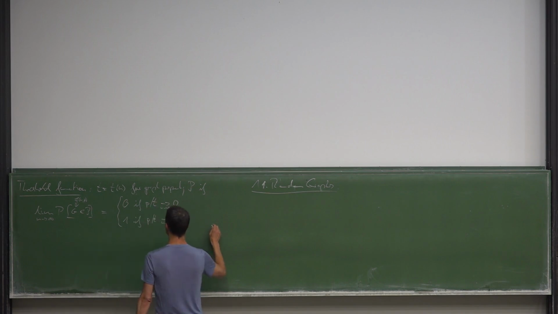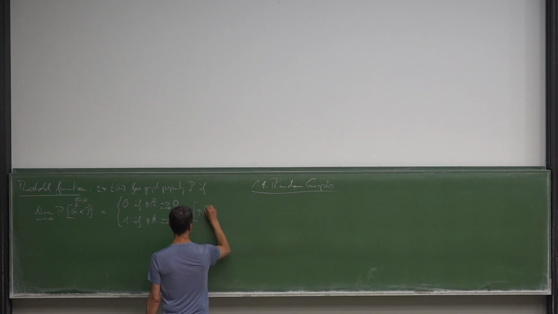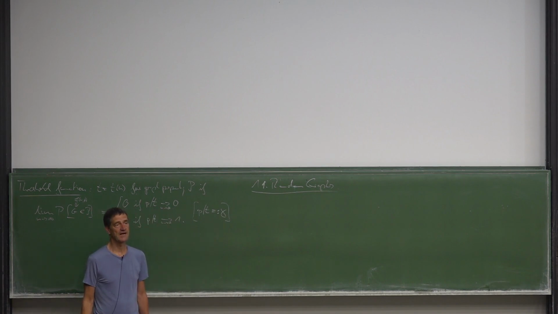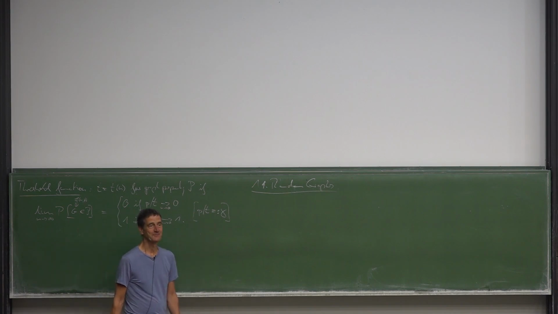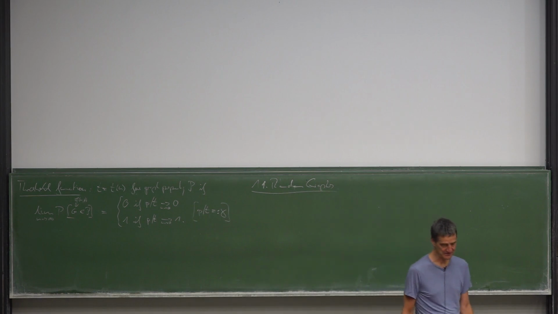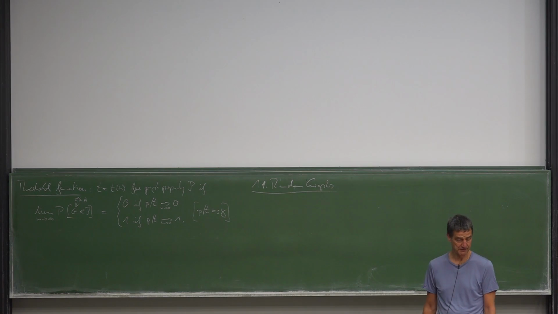And in brackets, this quotient will be abbreviated to gamma, just because gamma is so much less to write than this. Okay, right. So that is going to be the definition of a threshold function.